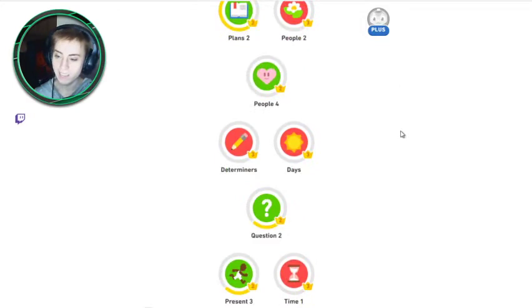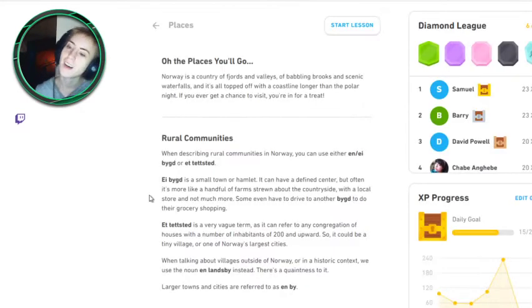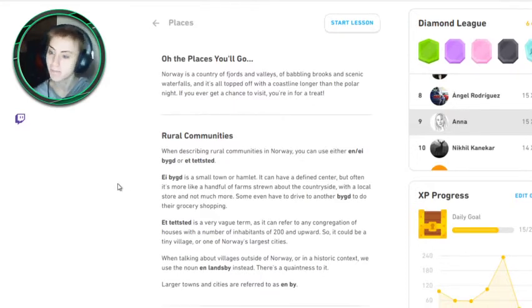Woo, okay, so that was imperative, and now we'll move on to places. Oh, the places you'll go. Norway is a country of fjords and valleys, of babbling brooks and scenic waterfalls, and it's all topped off with a coastline longer than the polar night.